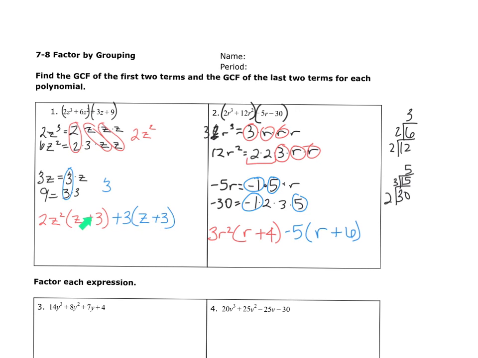In number 1, z plus 3 is a factor. So I'm going to go ahead and write that. z plus 3 is one of my factors. My other factor is going to be 2z squared plus 3.